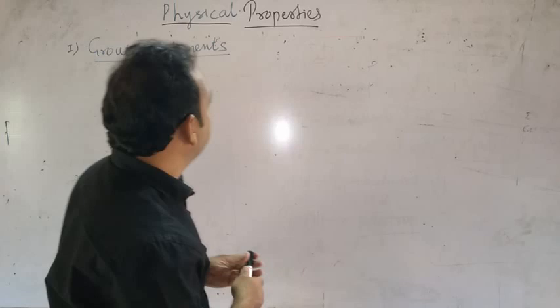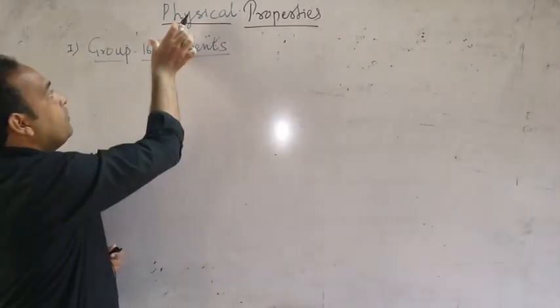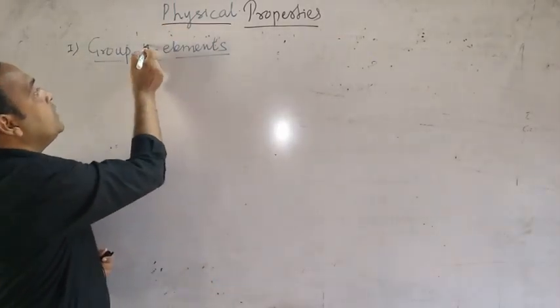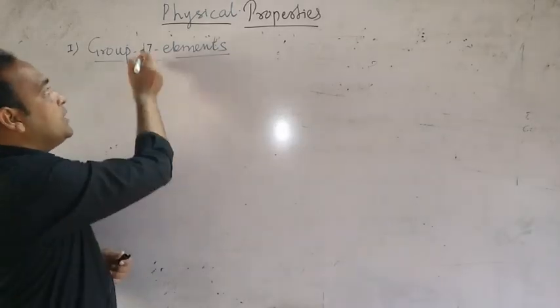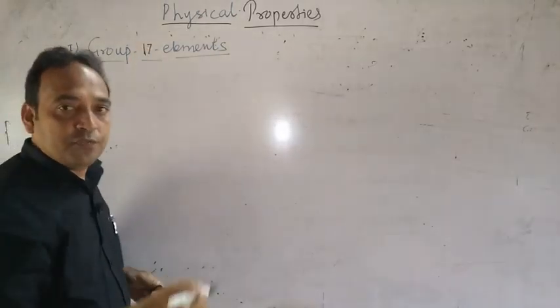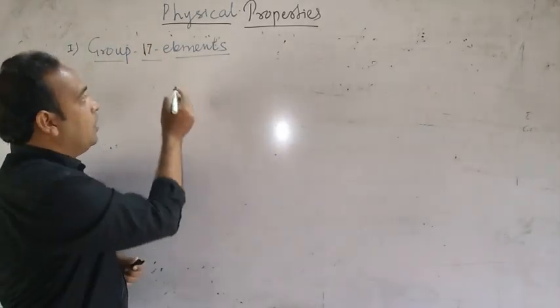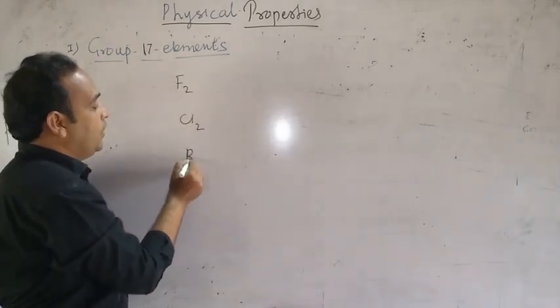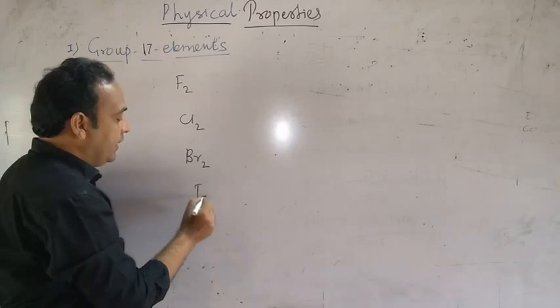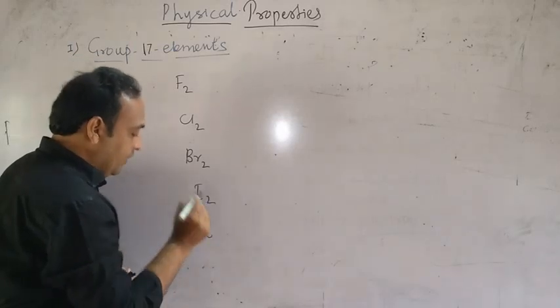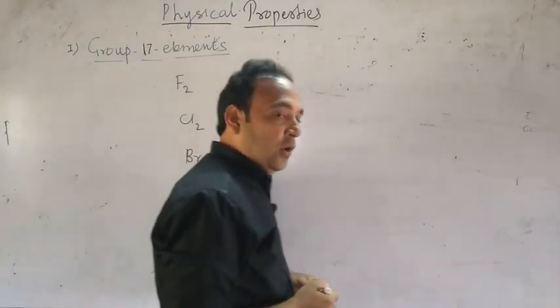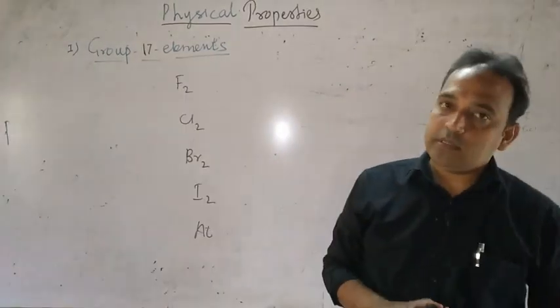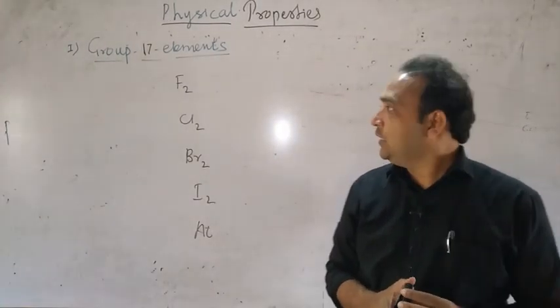Now the next part: physical properties of group 17 elements. Group 17 is called the halogen family, and which elements belong to the halogens? We can say fluorine, chlorine, bromine, iodine and astatine. These are the elements belonging to group 17, called the halogen family.